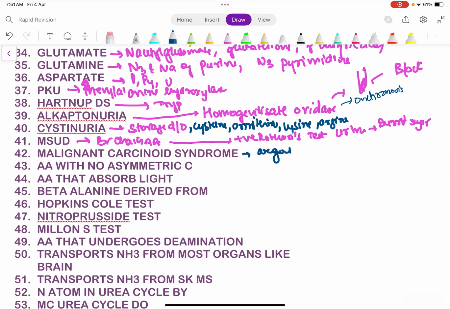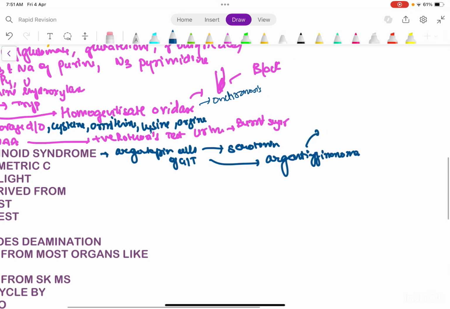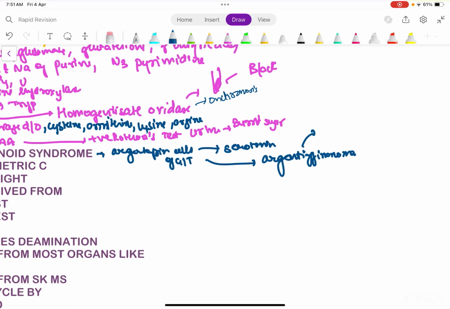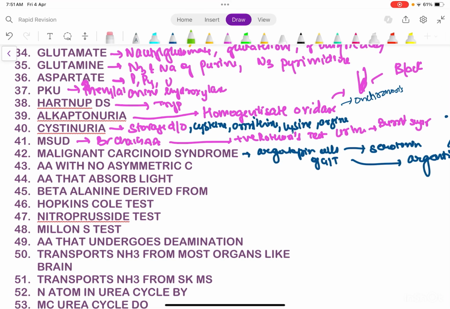Usually we have argentaffin cells of the GIT, which lead to the formation of serotonin. But if there is uncontrolled growth, it leads to a tumor, argentaffinoma. Due to this, malignant carcinoid syndrome occurs, and the person has hypertension, respiratory distress, and sweating.